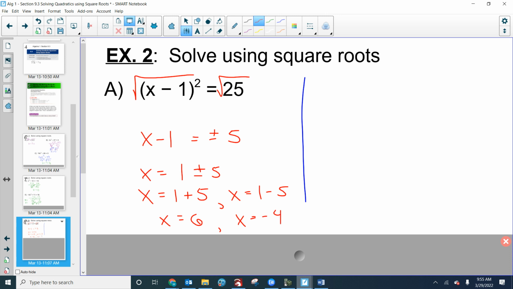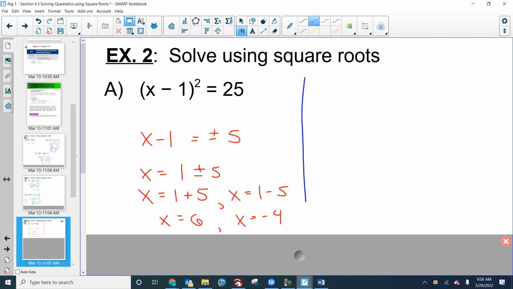Negative 4. Let's see if both of these work. Let's plug it back into the original. Plug in 6. What's 6 minus 1? See, now listen. I'm actually doing the order of operations now because I have a number. I'm not solving for something. I'm plugging in values.